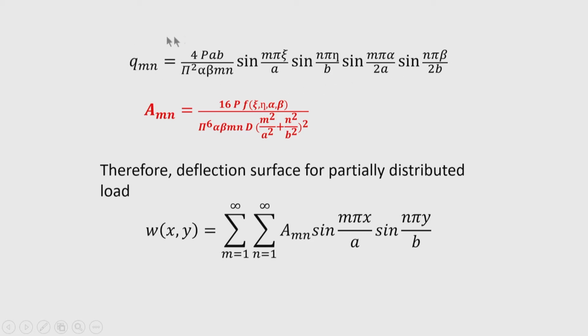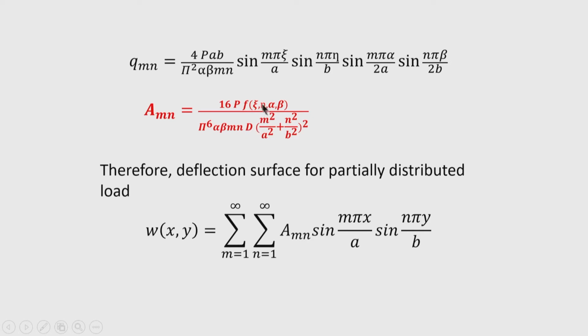You can easily observe that xi and eta are the coordinates of the centroid of the load, and alpha and beta are the length and width of the load. So, knowing this quantity Q_mn, we can find A_mn, and once A_mn is found, we can find the deflection.